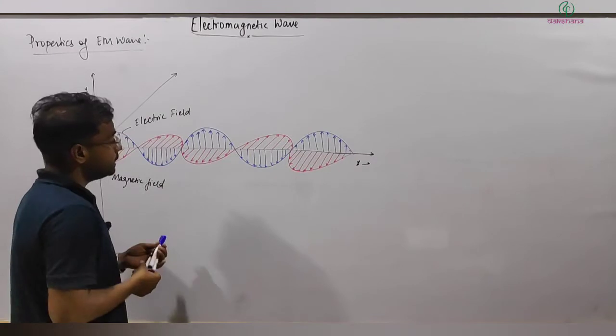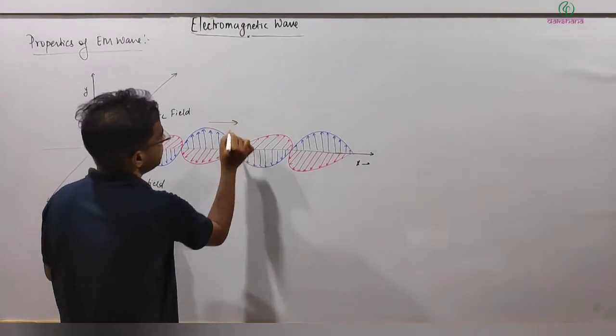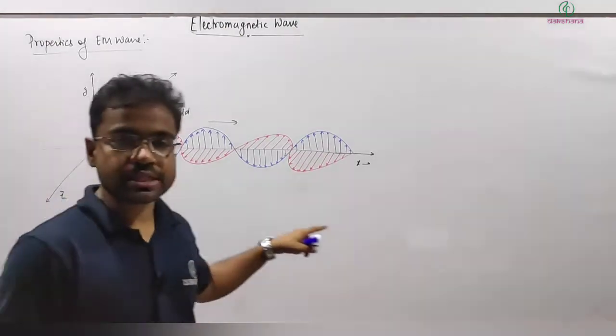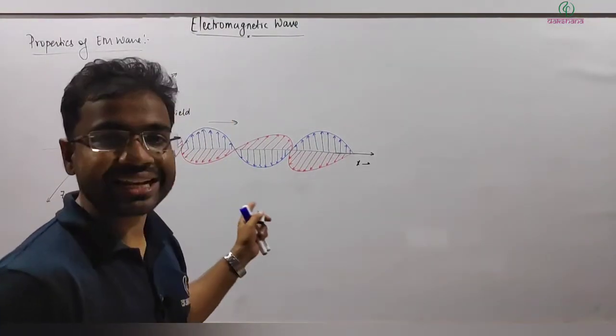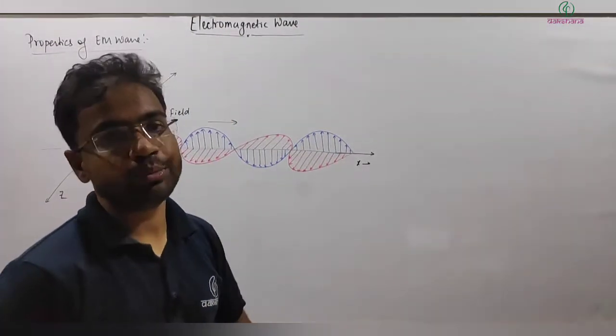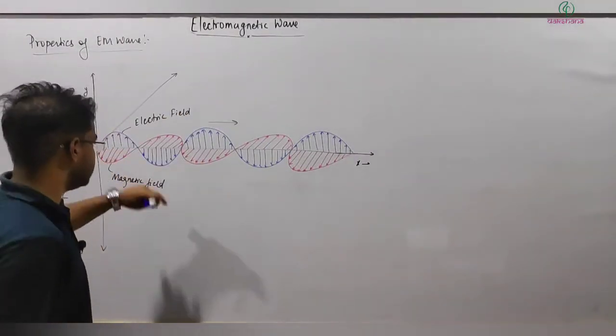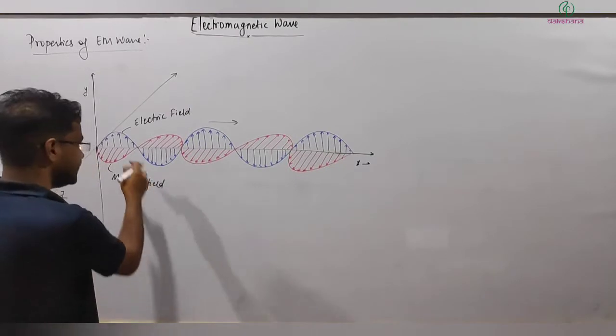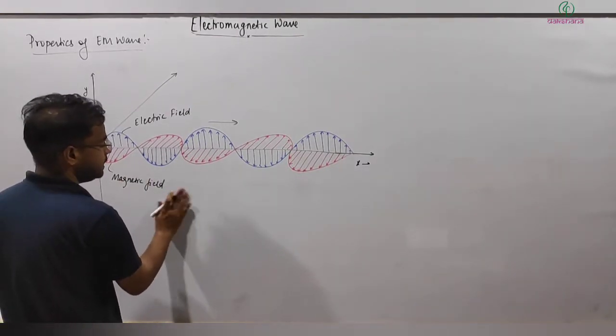And here if I say the wave is propagating in the x direction, then these are normal wave equations, oscillating electric field and magnetic field, which you must have studied. Using the same standard notation, I can write the equations for the electric field and magnetic field.